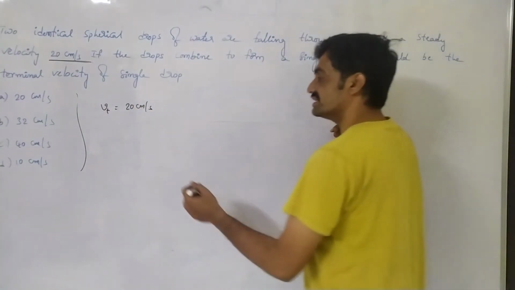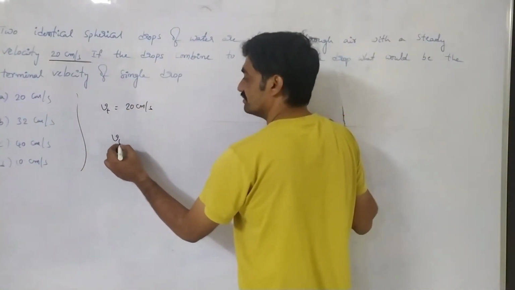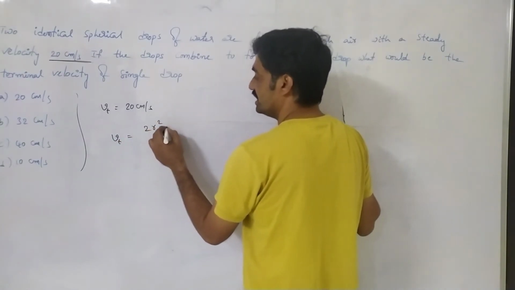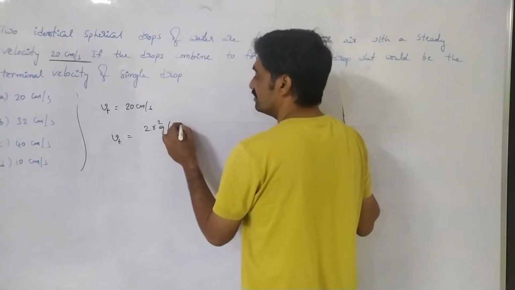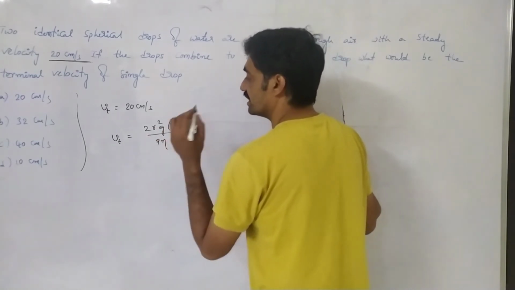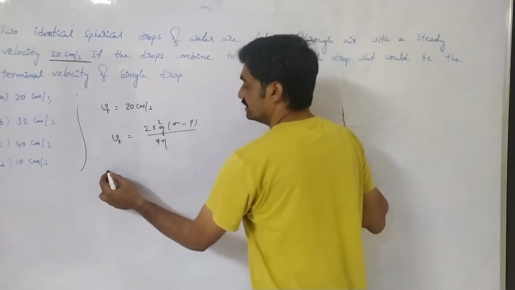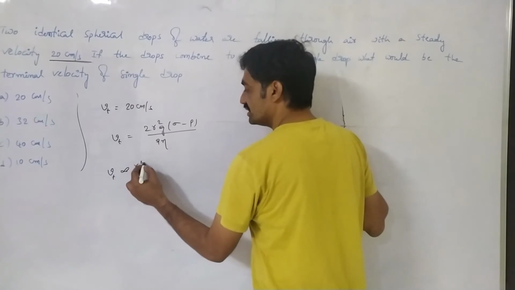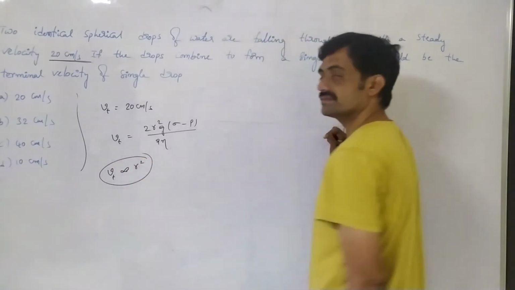And here when we consider the terminal velocity equation, v suffix t equals 2r square g into sigma minus rho by 9 eta. Observe that here terminal velocity is directly proportional to r square.